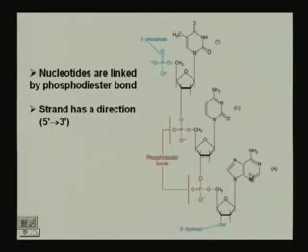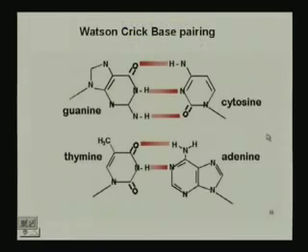If we have A on this strand, it links with a T on the other strand. The pairing is between a purine and a pyrimidine. One member of the pair has a fused 6 and 5 membered ring, being part of the purine family, and we have just a 6-membered ring that is part of the pyrimidine family.